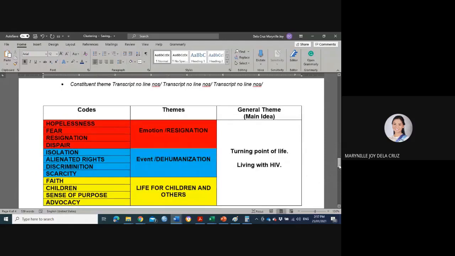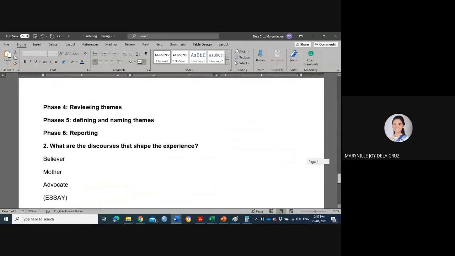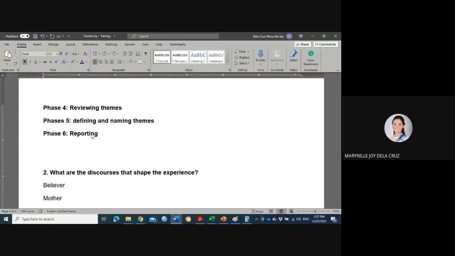Once you already have this table, the next thing that you're going to do is review the themes kung tama ang themes, defining and naming the themes properly, and now it is your turn to report it.